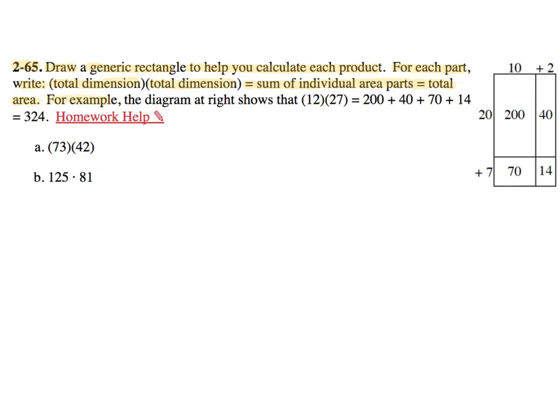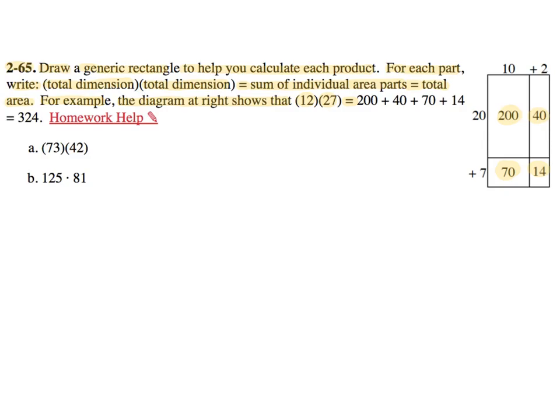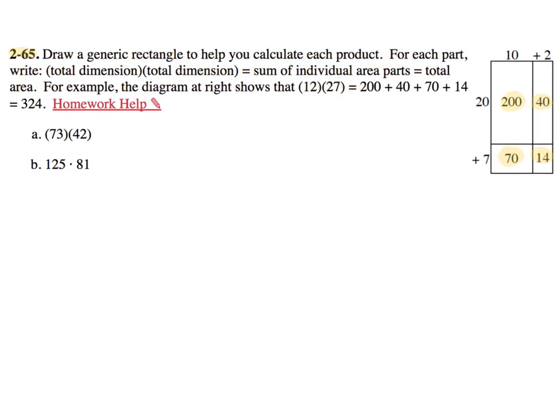For example, the diagram at right shows that 12 times 27 is equal to 200 plus 40 plus 70 plus 14, which is total equal to 324. So in this problem, we are to create and draw a generic rectangle to find the product.